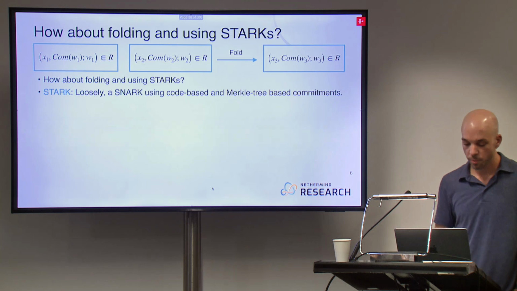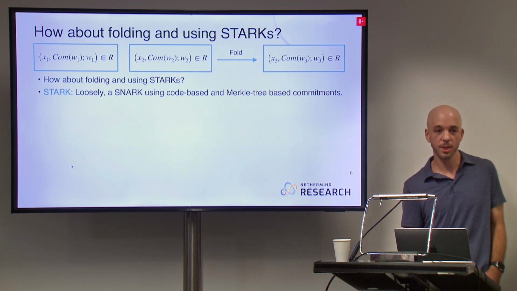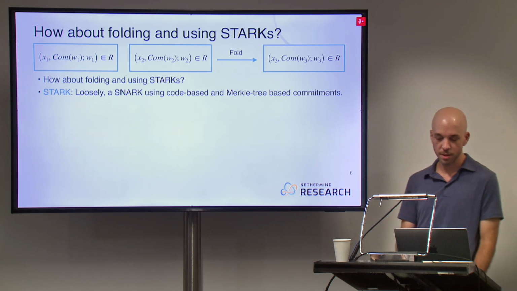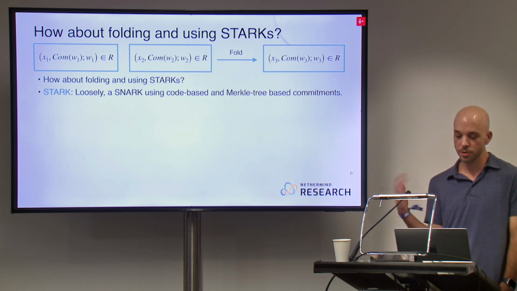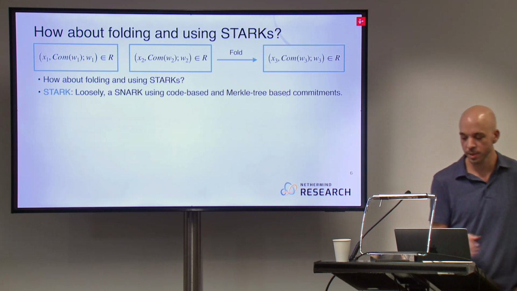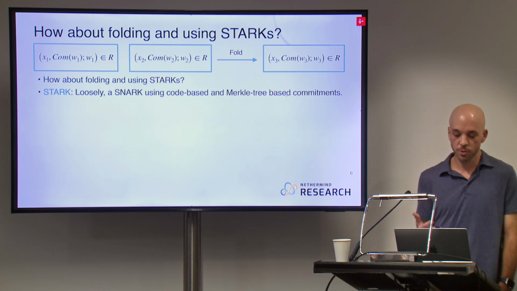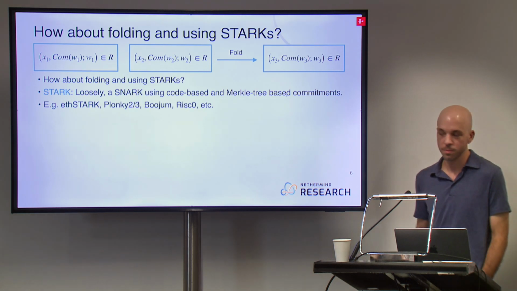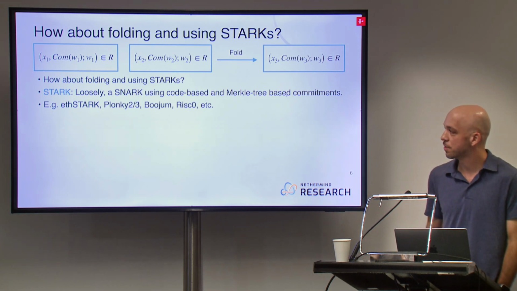First of all, let's describe what I mean by STARK loosely. By STARK, I mean a SNARK that is code-based, so it uses some kind of code for its commitments, and then it commits to these codes with Merkle trees. Maybe it's easier to just give an example.